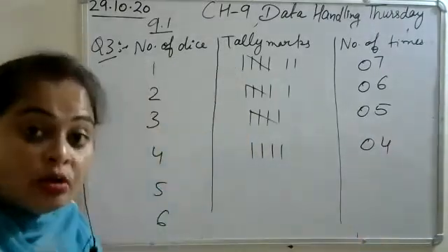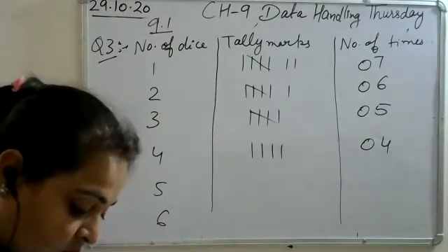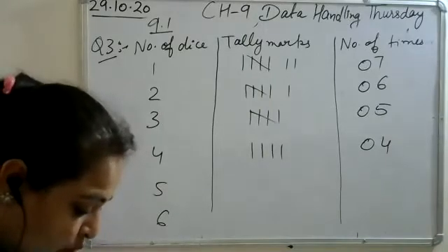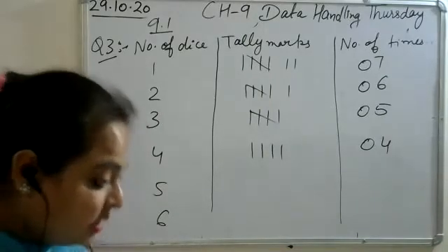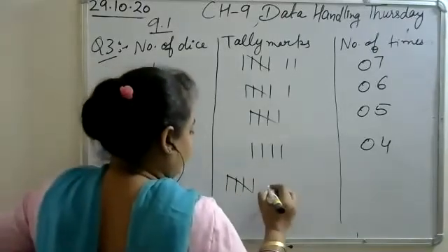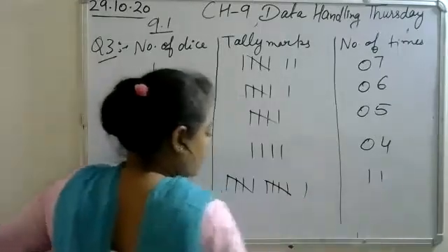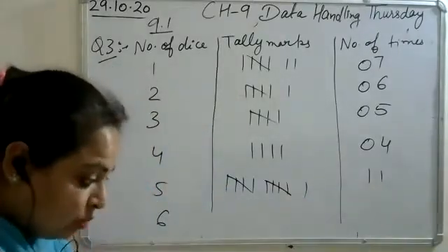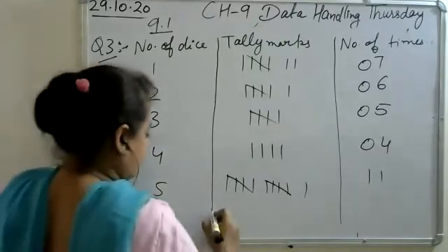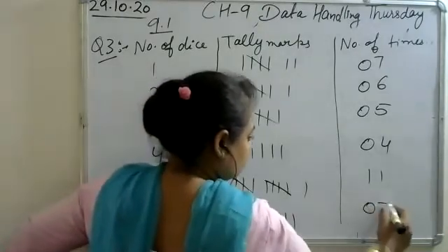Now check the counting of 5 from the table. Suhana, counting of 5 is 11. Yes, very good. 1 to 11. Now what is the counting of 6? 7 times. Yes.